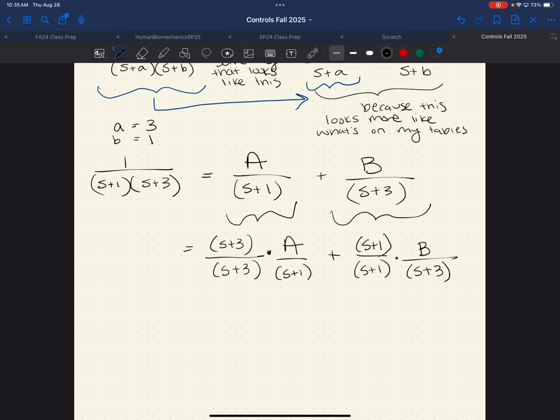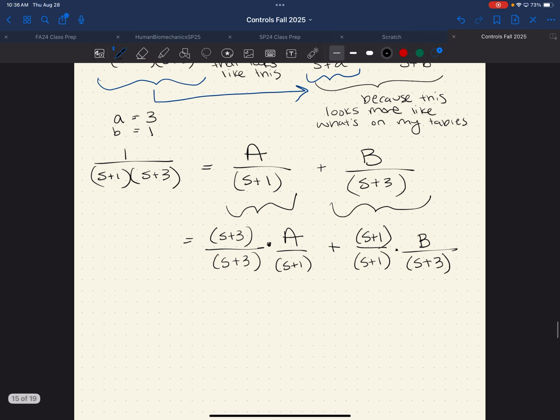Now, on both the left and the right, I have an s plus 1 times an s plus 3 on the denominator. All right, let's simplify a little more. On the numerator, I should get As plus 3A plus Bs plus B, over s plus 1, s plus 3.